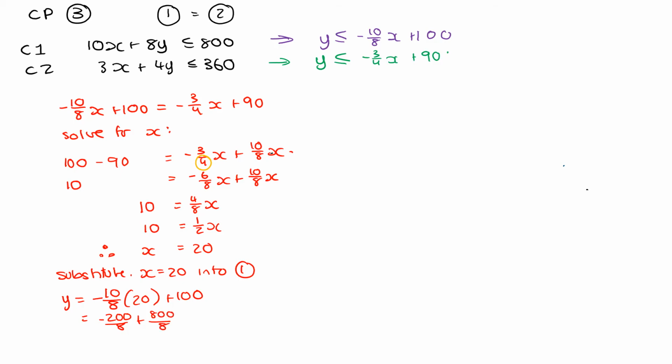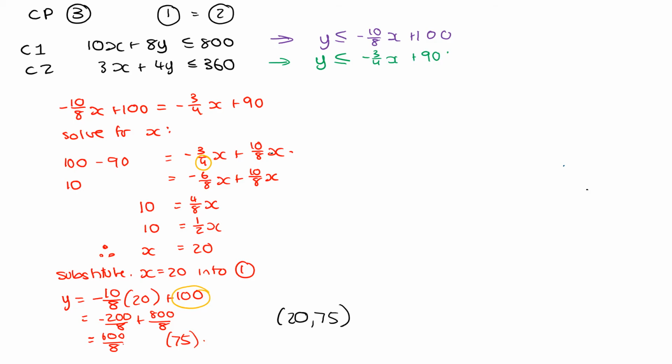Why is that? Because we had 100 there, we're just making it over the denominator 8 so that we can do lazy math. We have 600 upon 8, which is also equal to 75, just by the way. So our corner point 3 is 20 and 75.